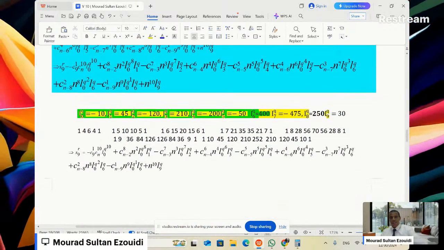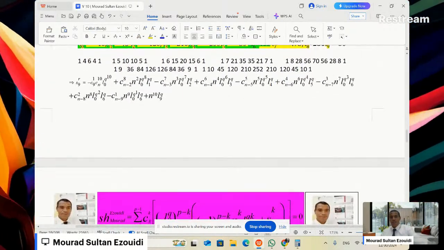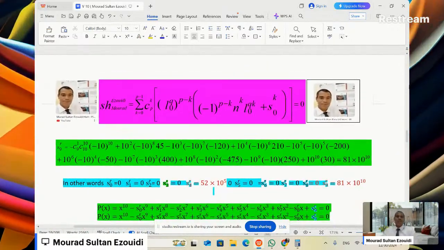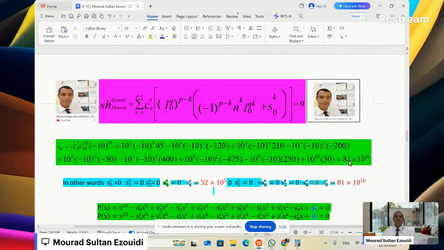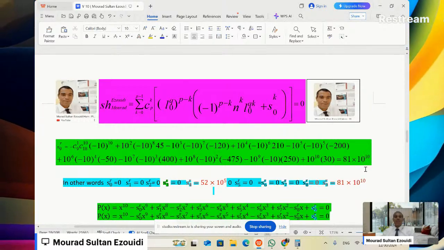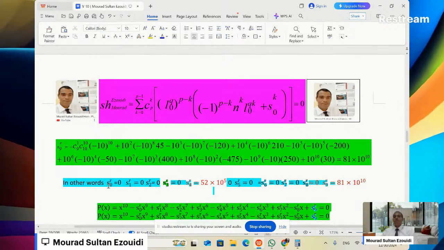Now we will take this one equal to 81 times 10 raised to the power 10.